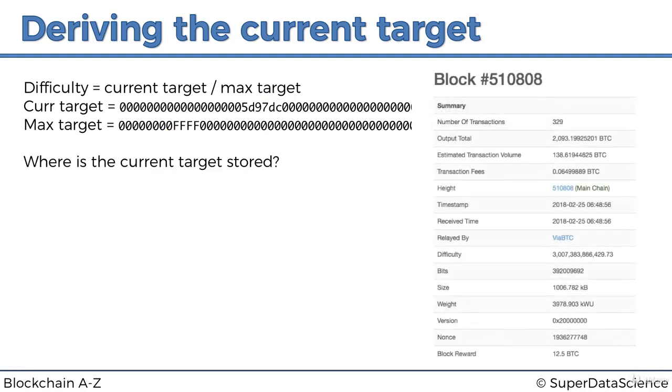Well, if we look at an example of a block, you will see here it has a field called bits. That's part of the information that's stored in the block. And you see there's no field called target. There's no actual hash target here, but they do have this field called bits, and it's not the size or anything.